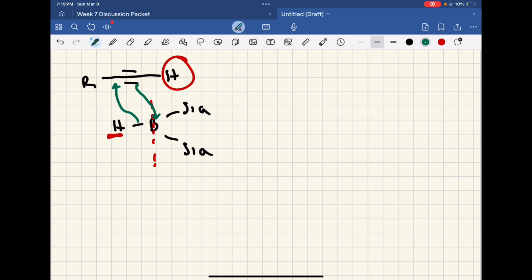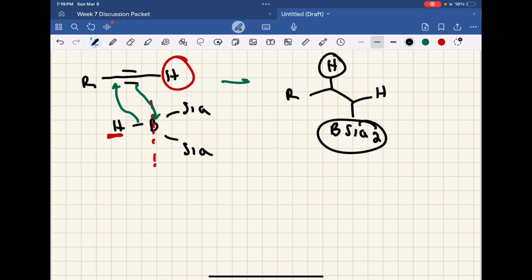So again, the result of this would be a structure that looks, actually I don't want to do it in line, I'm going to do it in line angle. A structure that looks like 2, and we get proton, Sia2B, R. We did the R already. This is the H. Okay, so the H and the BSia2 group add such that the BSia2 group is on the less sterically hindered side and the hydrogen is on the other side.